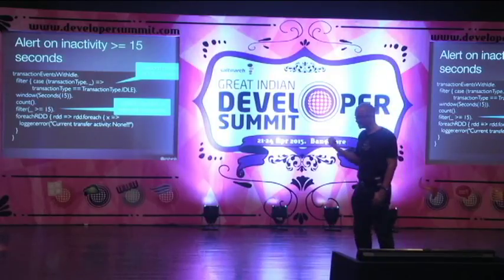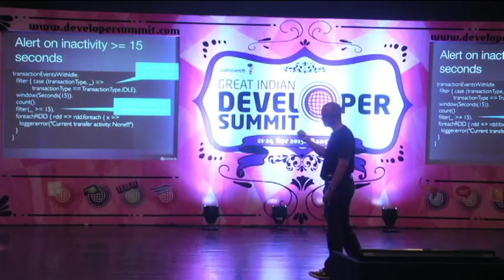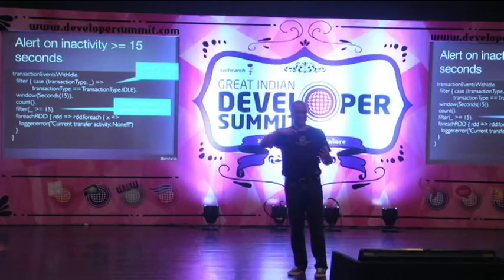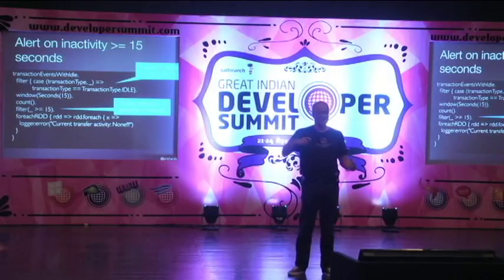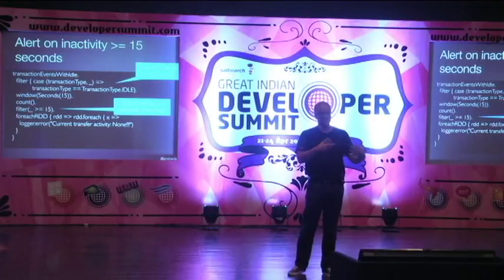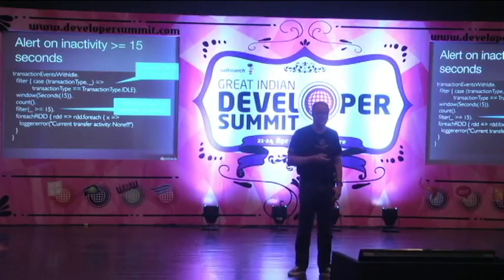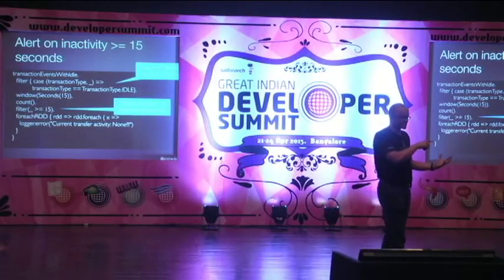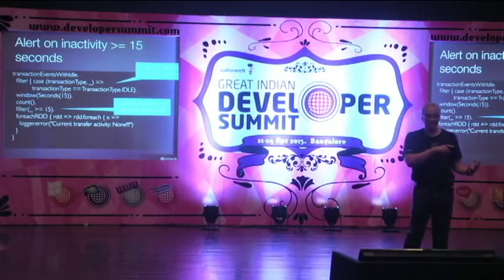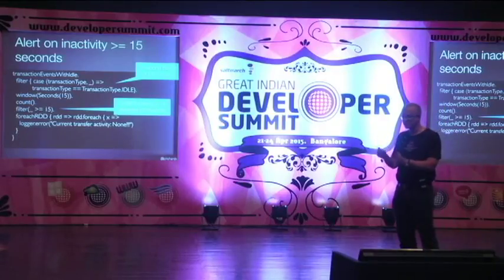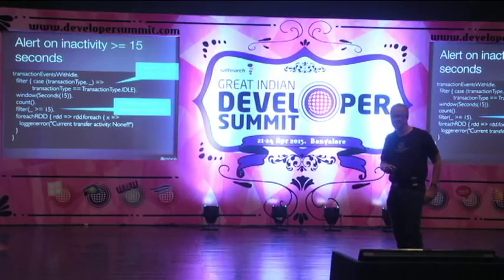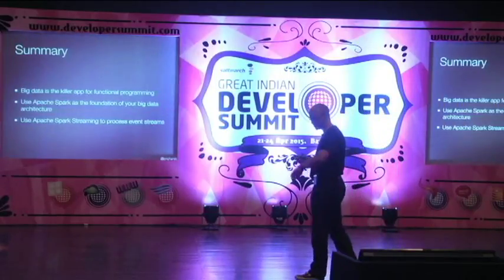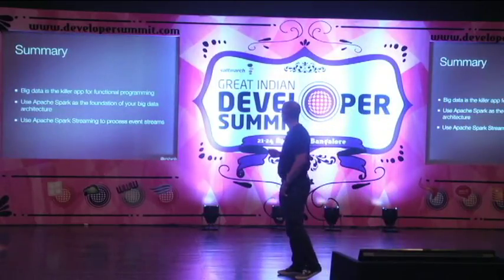If I see more than 15 idle events, then I can tell that my system is now idle, and I can generate an alert and trigger some diagnostic operation. So you can summarize real activity quite straightforwardly, and you can also detect inactivity in the system and trigger alarms. That's pretty good. So that's my talk.